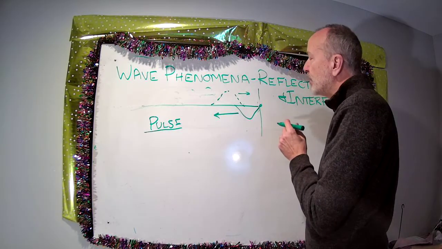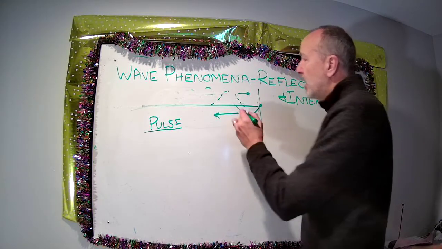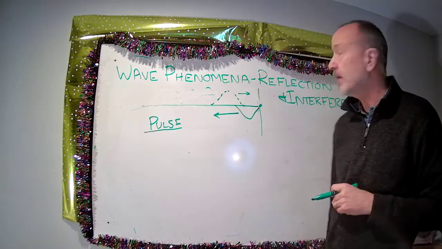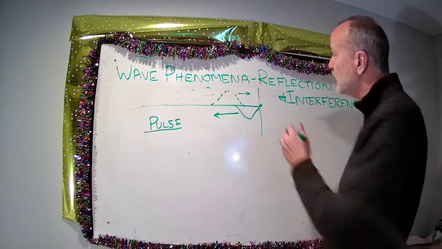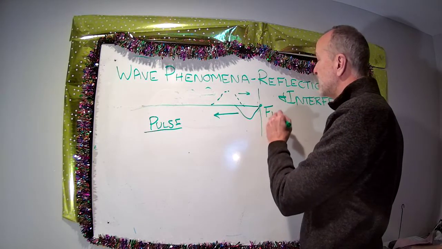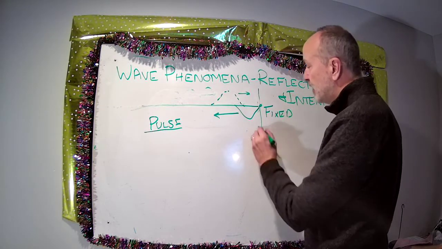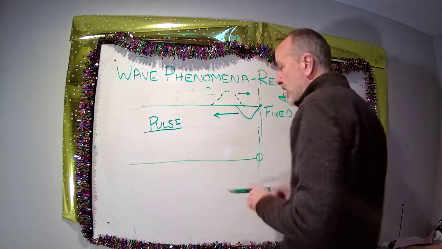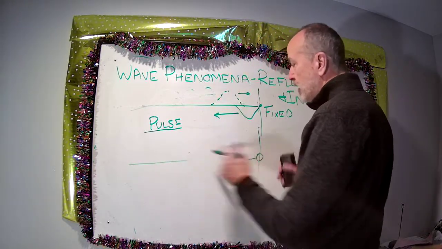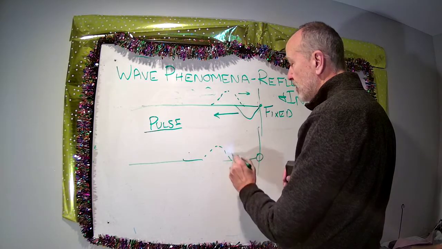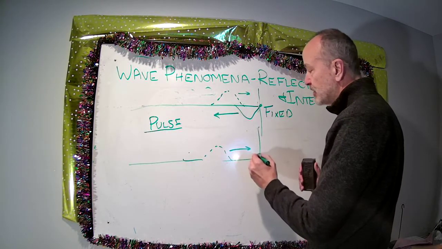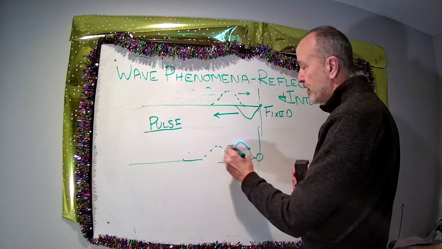So when we have this kind of situation, we can see reflection makes it go backward. By the way, this is for a fixed boundary. If we make it loose, like a ring there, then a pulse that goes in like this comes out in the other direction the same way.